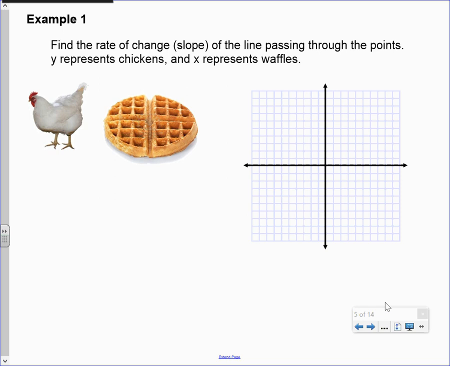Find the rate of change of the line passing through the points. Y represents chickens. I'll put C for chickens, and X represents waffles. I'll put W. And the 2 points, you can just draw them or just write the coordinates on your note paper.